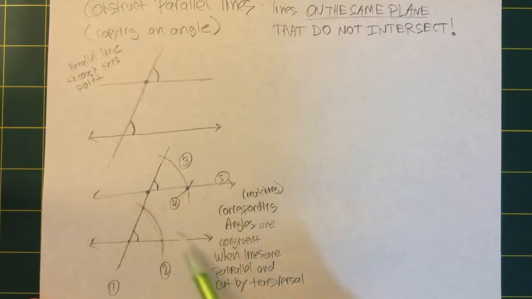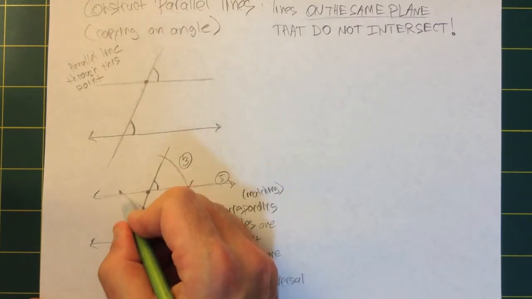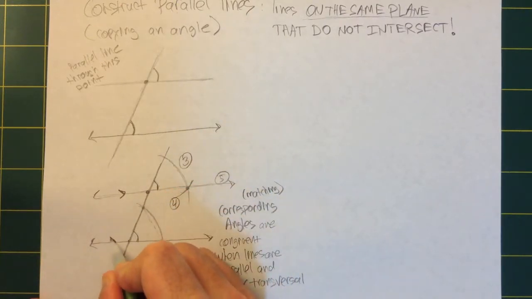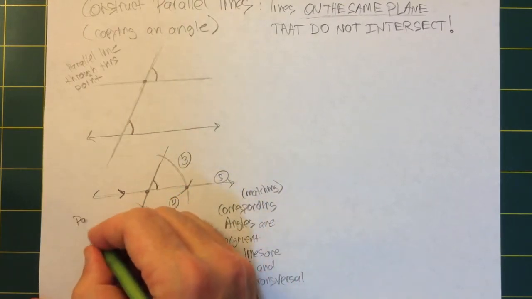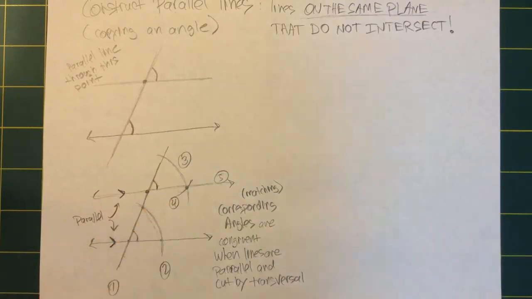If you have parallel lines that are being cut by a transversal, then the corresponding angles are congruent. There's a symbol we could put in this picture. It looks like this, a little arrow and a little arrow, both pointing in the same direction. This means parallel. This means that these two line segments or lines are parallel to each other.